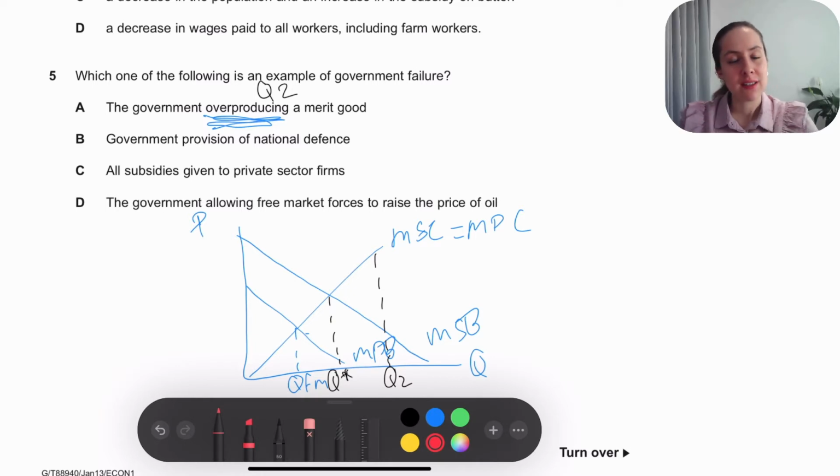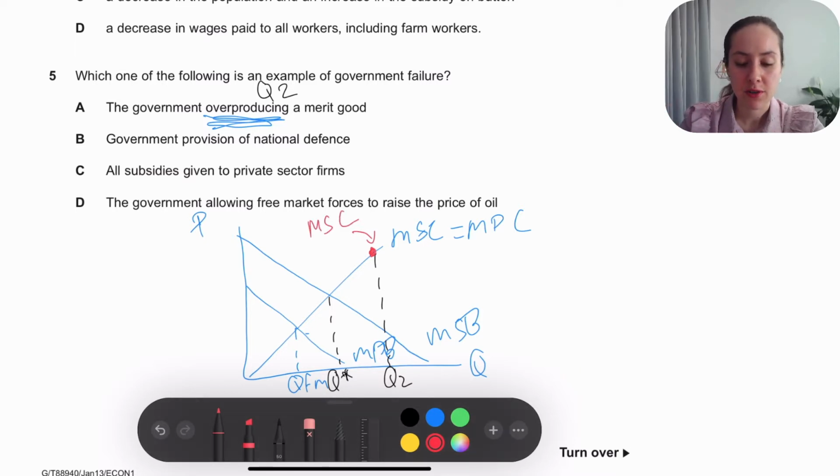Even though this is a merit good, so it helps other people, producing too much of it is really expensive for the firm because they face diminishing returns. So you can see here at Q2, the costs of production are really high. It's faced lots of diminishing returns, so even though it's a good, it's been really expensive to supply.